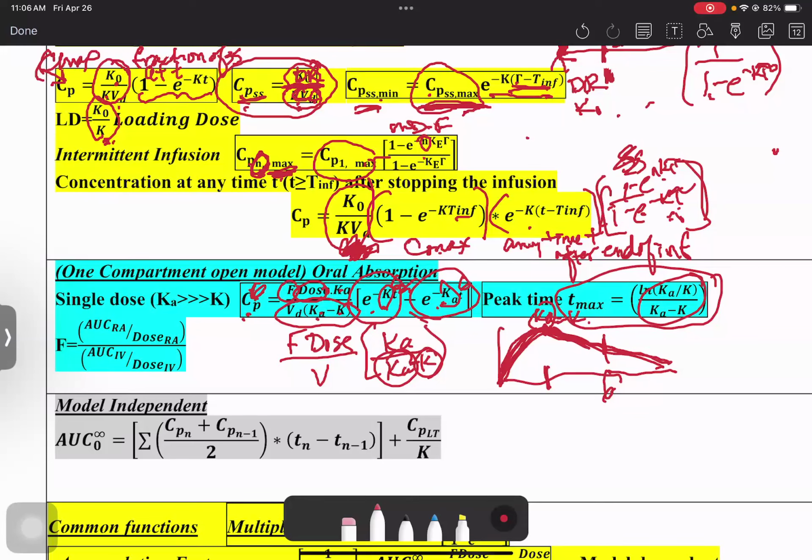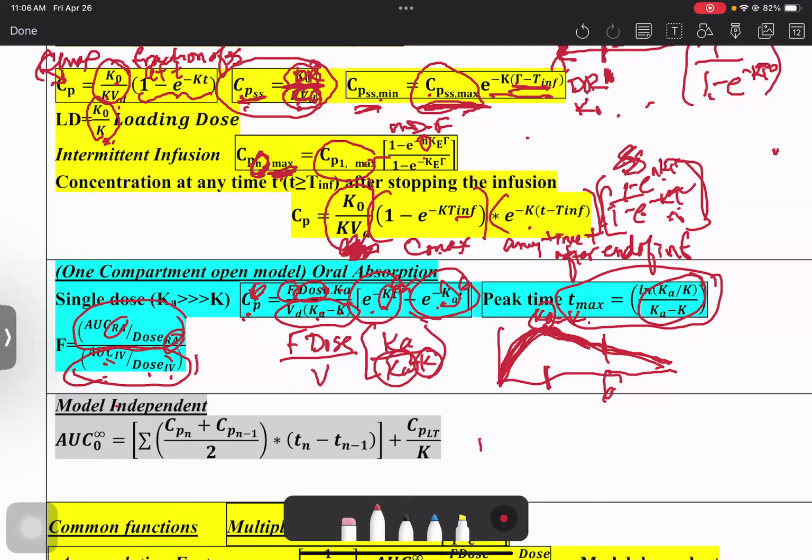Just plug and chug. You already know that your bioavailability can be calculated by comparing your area under the curve over dose IV. Put that in the denominator because that's the standard, right? Because that's got a bioavailability of 1. And then this is by giving it by any other route, right?